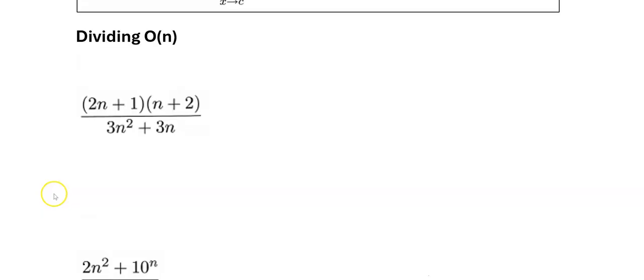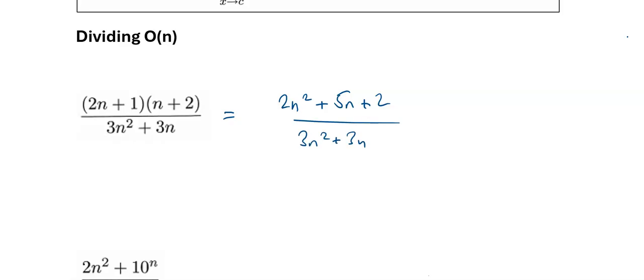We're going to find the limit of this sequence where we are dividing one thing by another. So we might be tempted to expand this, so we actually don't need to, but we will: 2n squared plus 5n plus 2 over 3n squared plus 3n. And we are going to consider the limit of this, so we'll call this f of n. We're going to consider the limit of f of n as n approaches infinity.